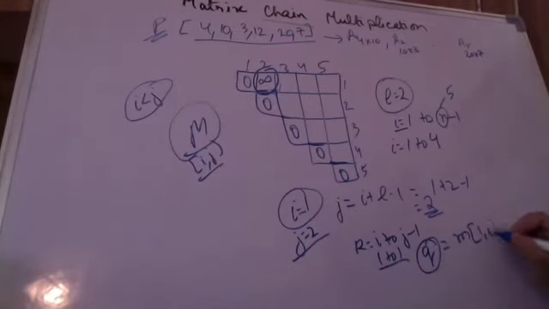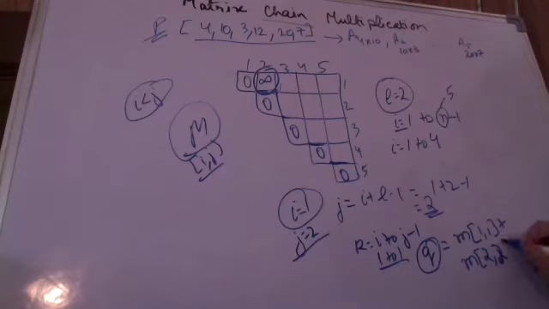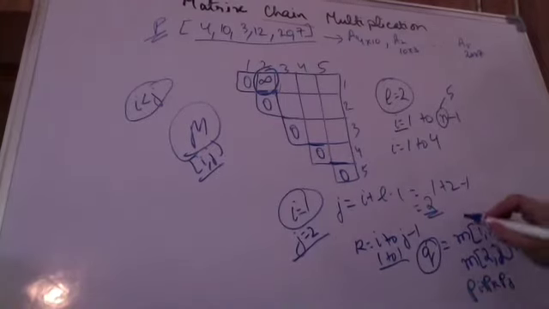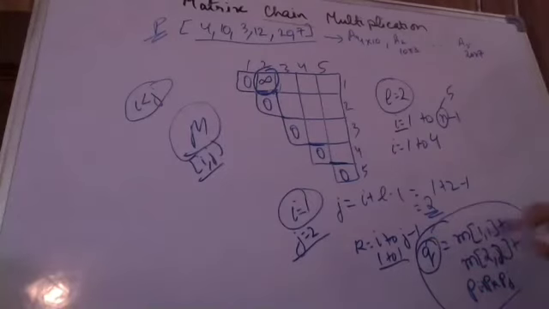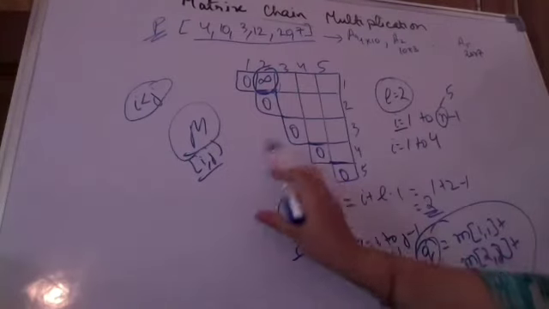q is calculated as Mik, which is M11, plus M of k plus 1, which is 2, comma j, which is again 2, plus P of i minus 1 into P of k into P of j. So if I calculate this term, M11 is 0 and M22 is again 0.